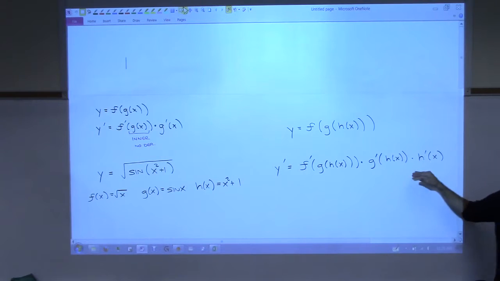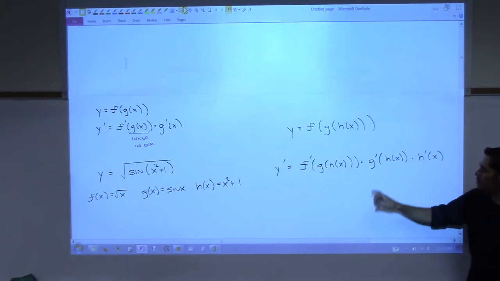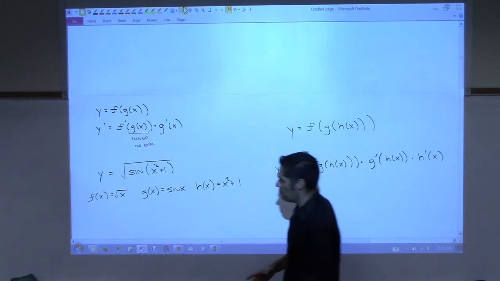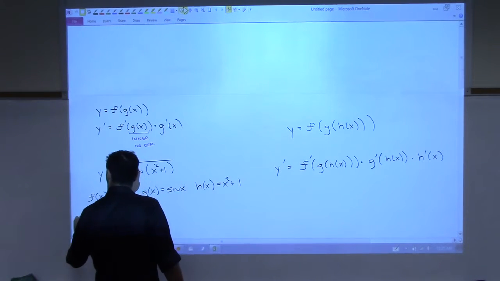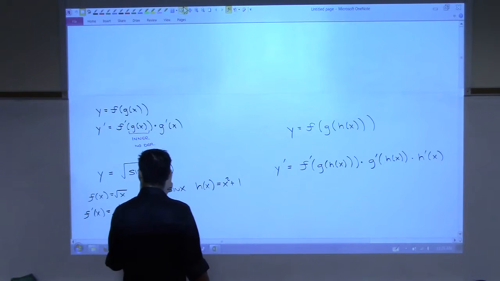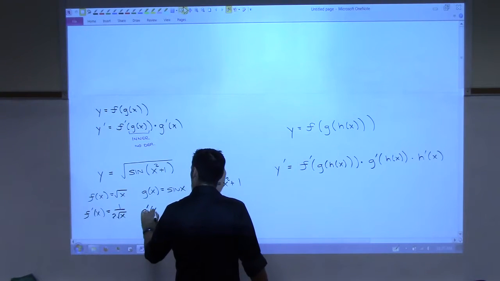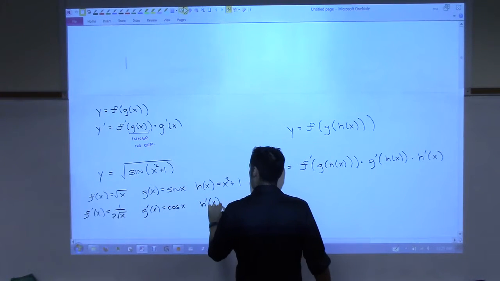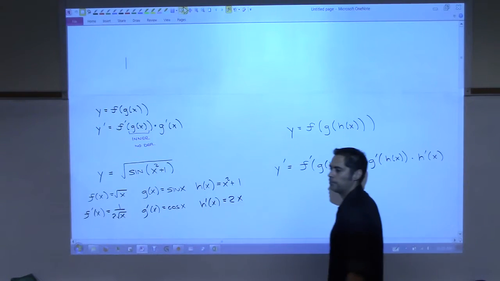In this formula, I do need the derivative of f. I need the derivative of g and h. So let's find all their derivatives, just like we did before. 1 over 2 root x, g prime, cosine x, h prime, 2x.